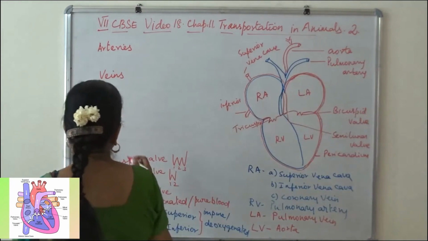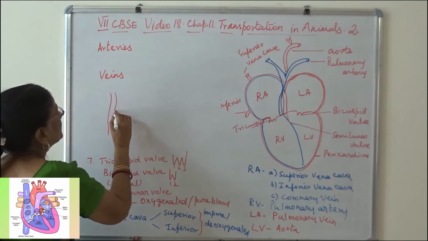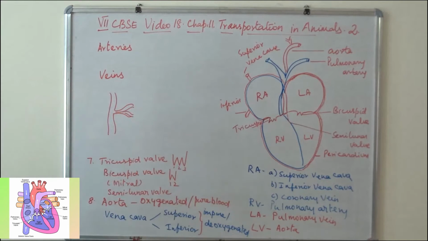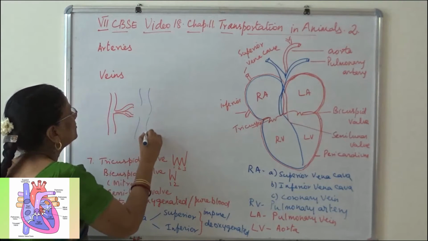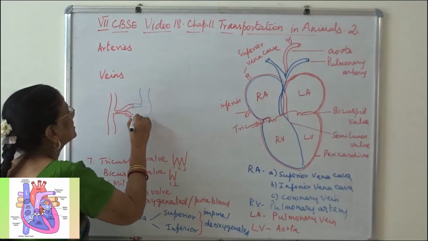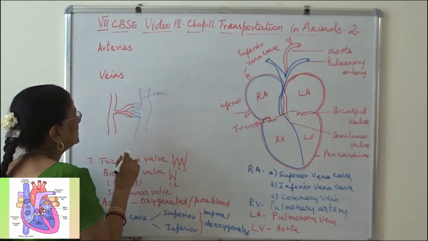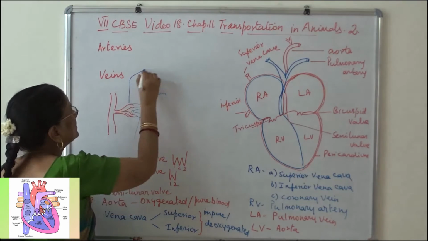Now when we say aorta is branching into arteries, it goes like this. Same way veins. A vein collects impure blood from various parts and branches like this. So now these are veins, and veins and arteries end in capillaries.